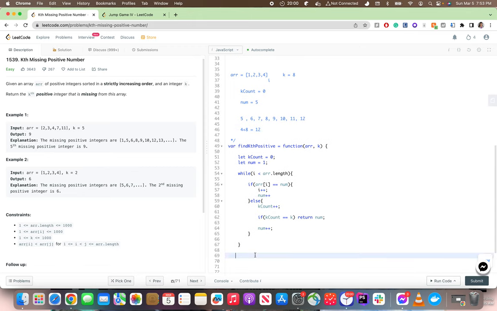So if we come out of this loop, then it means that the answer would be 4 plus 8 minus k count, because suppose 1 is already here, right? So it means that we have already found one number.